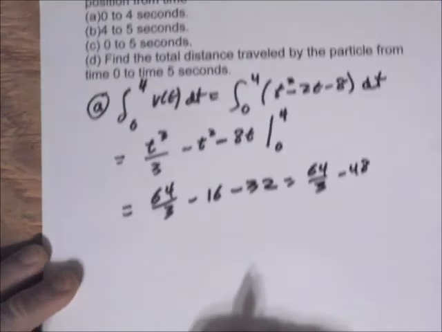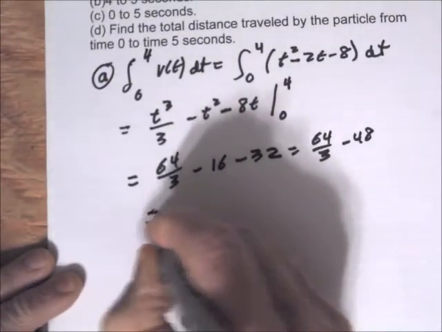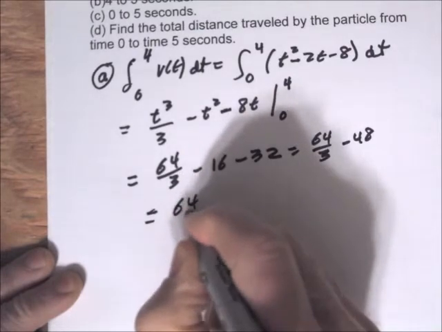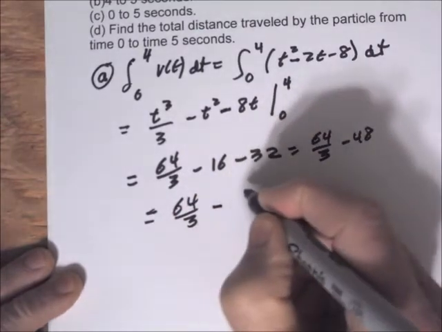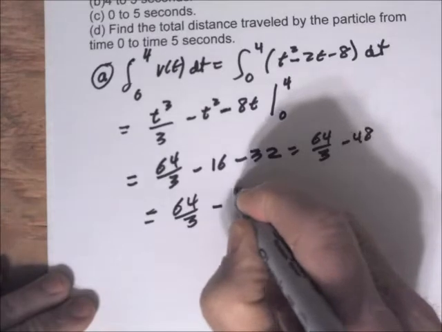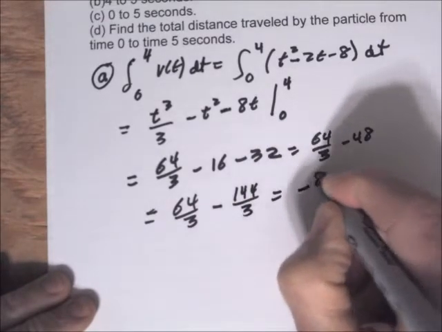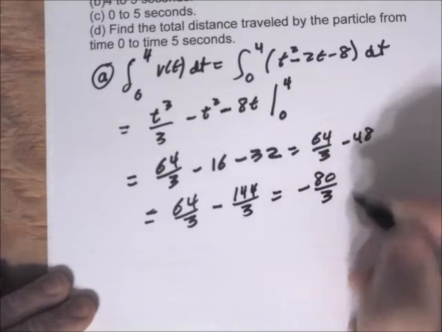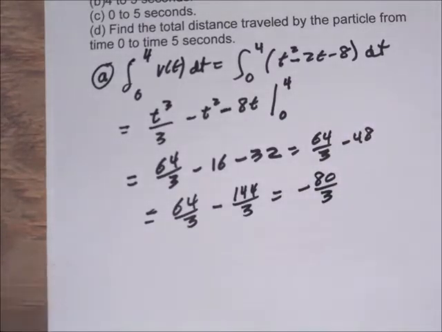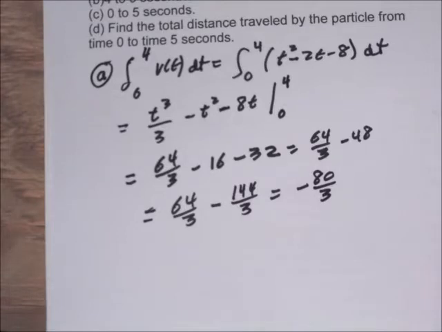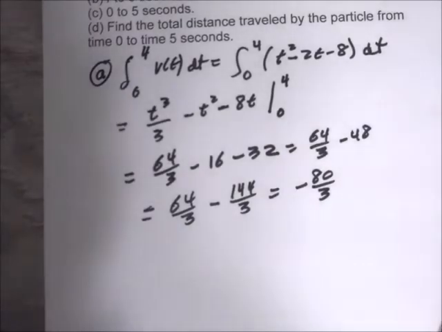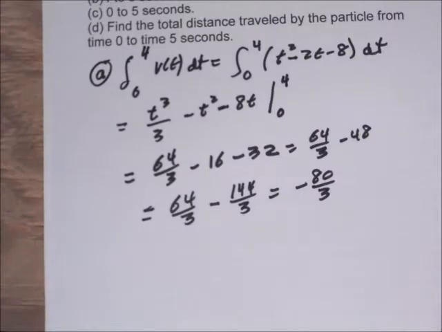We can get a common denominator. 64 over 3 minus 144 over 3, which would be negative 80 over 3. So the net displacement would be negative 80 over 3 in the backward direction, whatever direction that is, in the reverse direction.